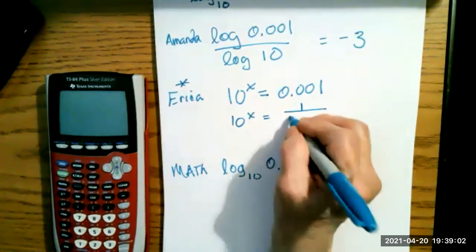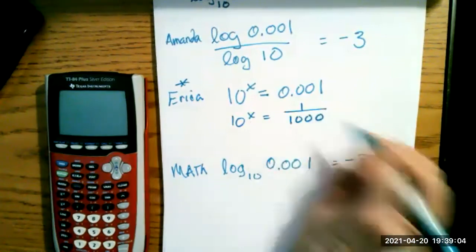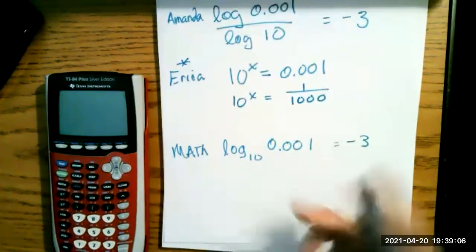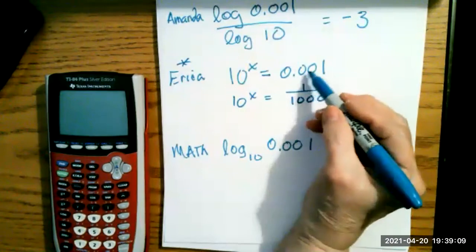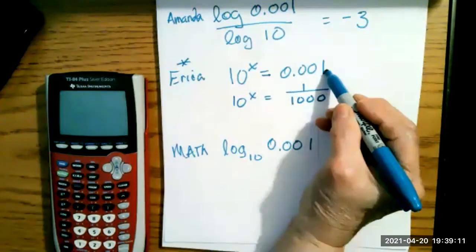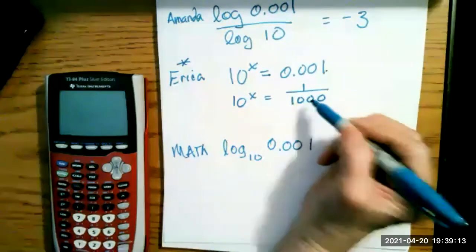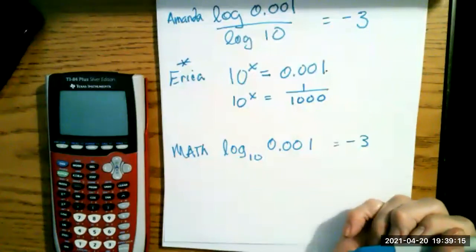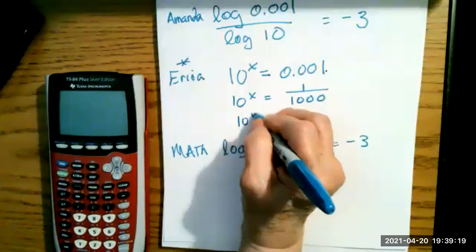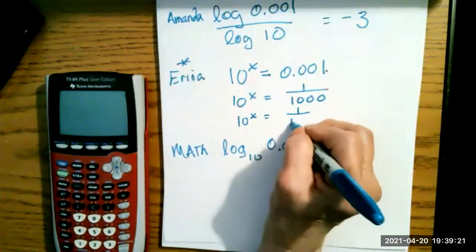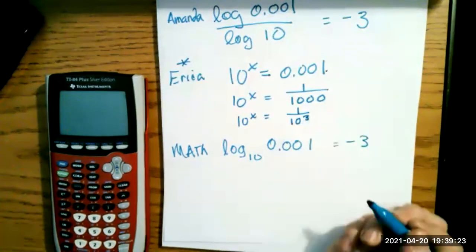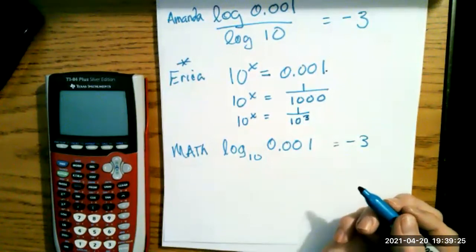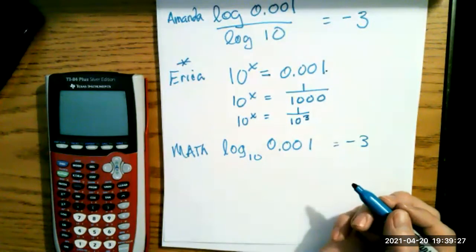This is 1/1000, isn't it? Isn't this in tenths, hundredths, thousandths? So this would be 1/1000th, right? So that would mean 10 to the x is 1/10 to the 3rd. Do you remember the rule on exponents?